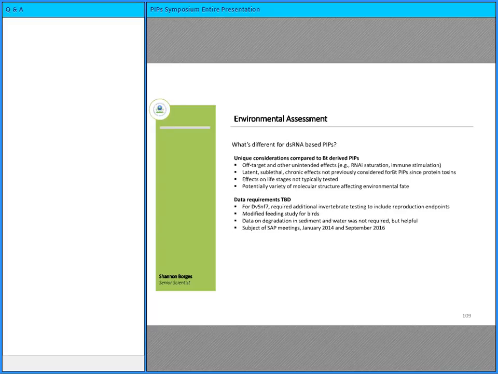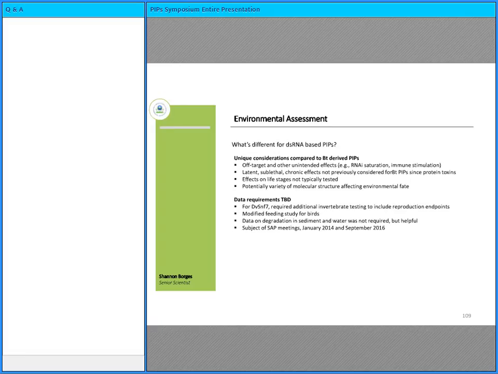It was modified to account for a longer observation period to allow us to observe any latent effects that might have occurred. We also didn't require it, but we did receive data on degradation in sediment and water. And like I said, it was not required, but it was very helpful in the risk assessment.